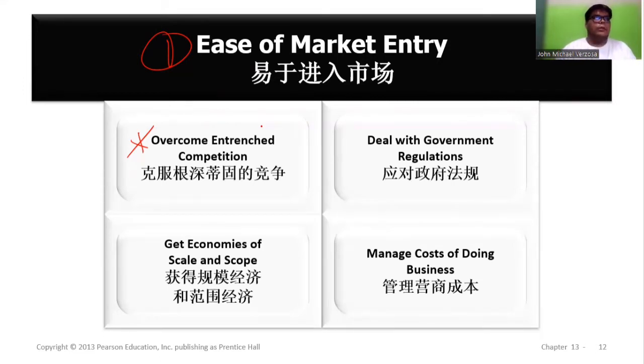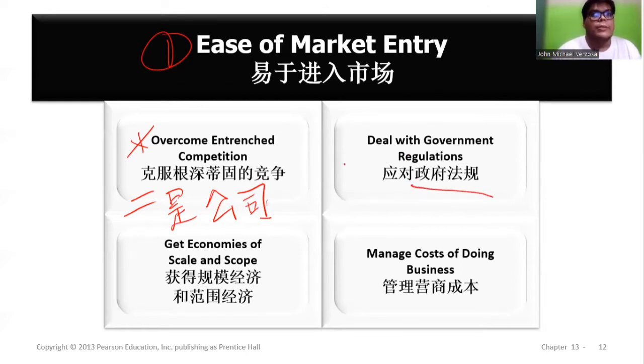As we know, there is a proverb that says, two is a company. Also, your partner might help deal with the government regulations.